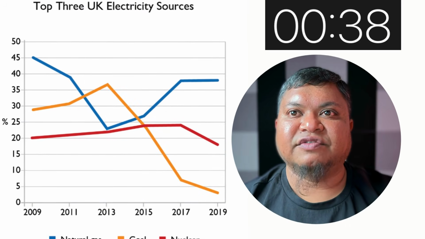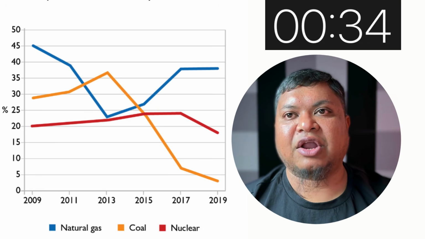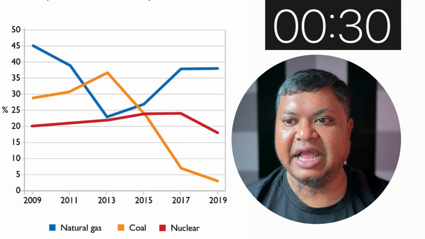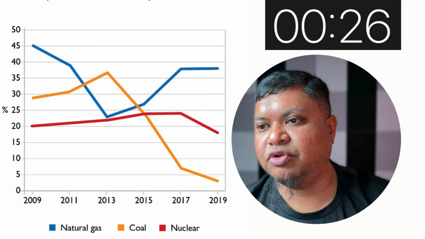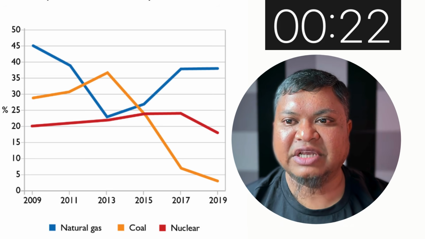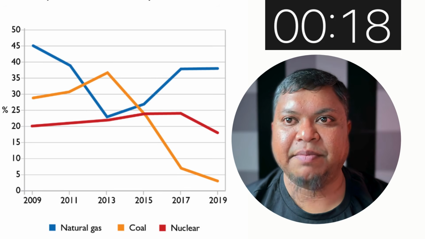The given line graph shows information related to top 3 UK electricity sources. According to the image, there are several categories such as natural gas, coal, nuclear, and years between 2009 to 2019. In this image, the highest source was from natural gas in 2009, which was 45%.